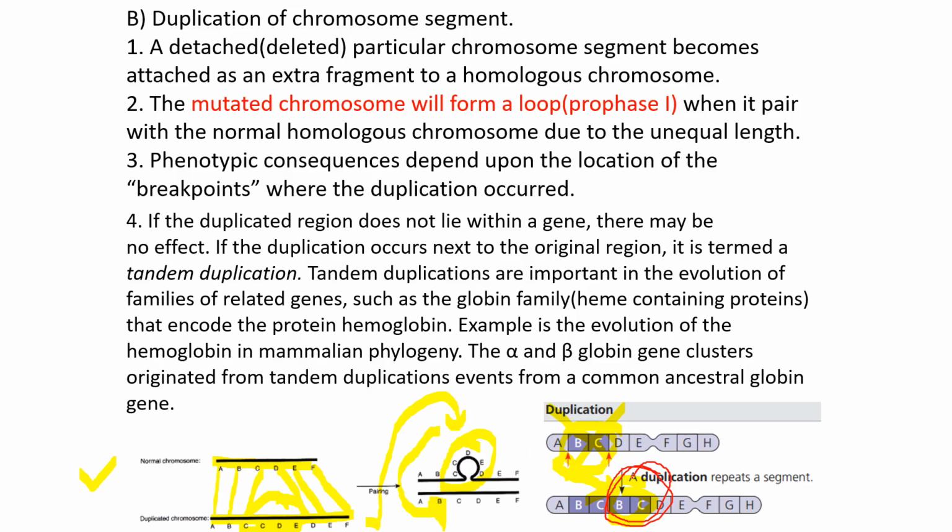Now, class, it is believed that we only had this one ancestral globin gene, but it mutated, and that caused us to have alpha, beta, and gamma globin genes. This is a result of the tandem duplication. Keep in mind tandem duplication is under duplication of the chromosome segment.